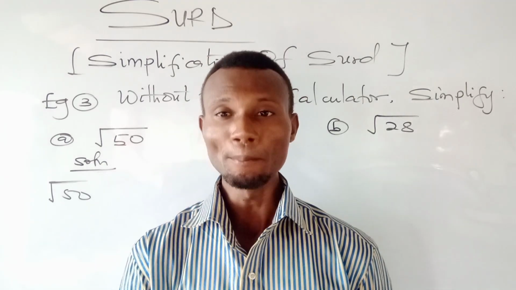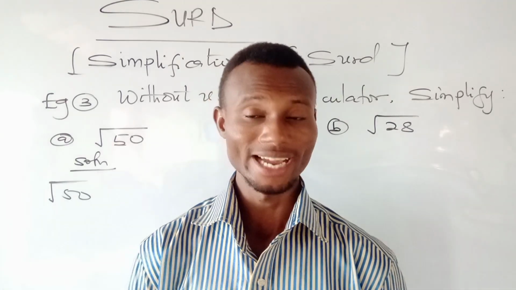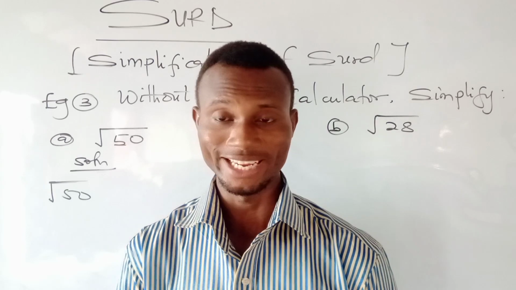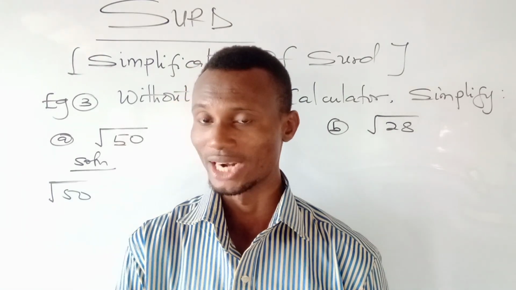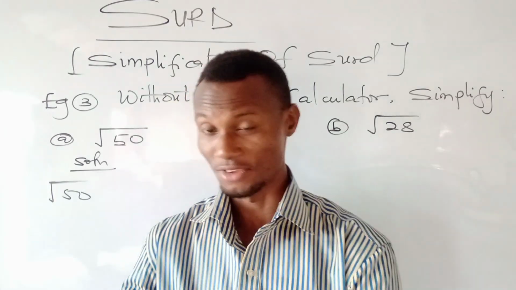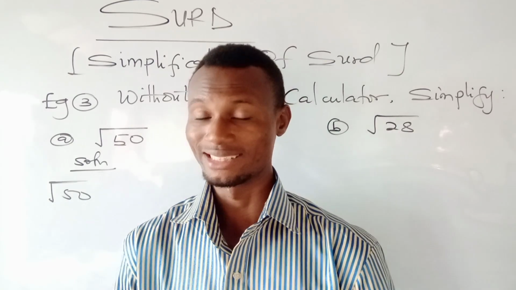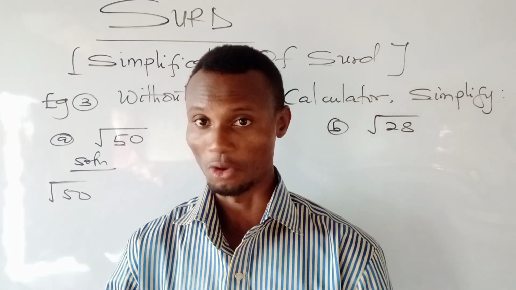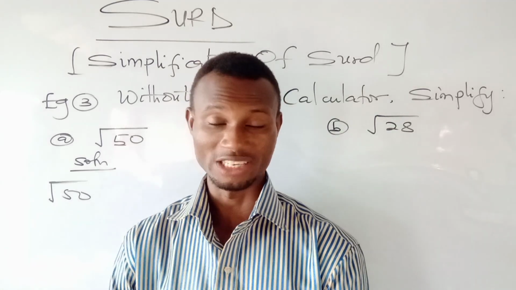And mind you, I've said that you don't pick the one which has 1 as the perfect square. You don't pick that one. I've explained it a lot in the previous videos, so do well to watch them so that you don't get confused.